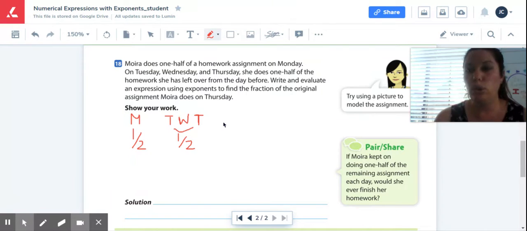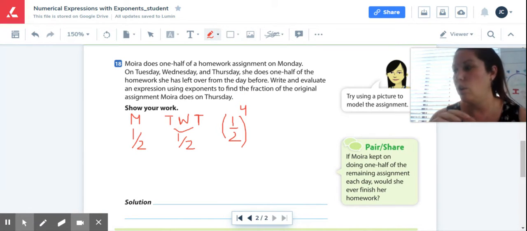So, but we have a total of 4 days, so we're actually going to do this as 1/2, and that total, so in parentheses, to the 4th power, because it's over a total of 4 days. Okay?